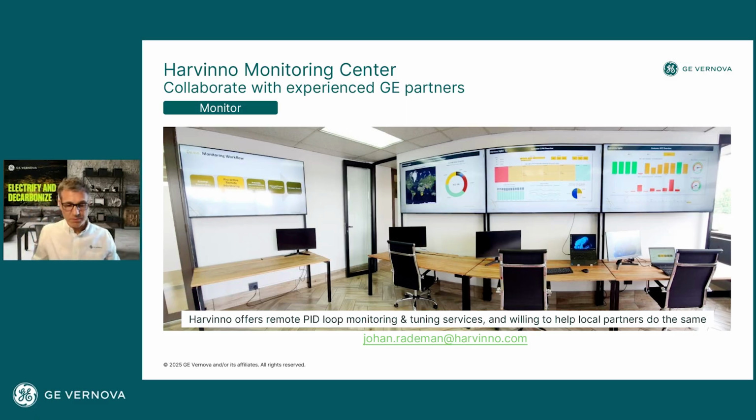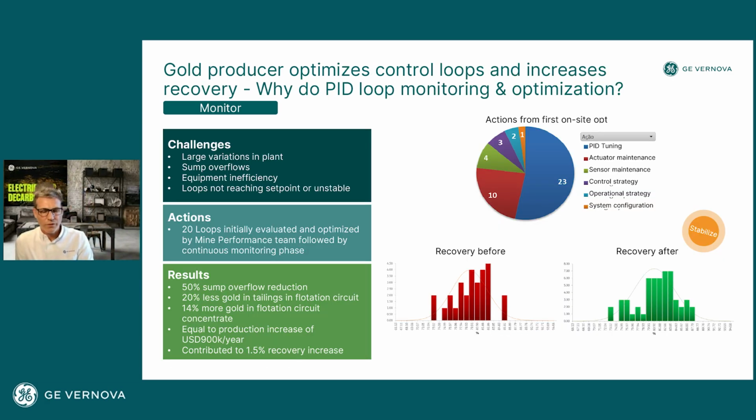So one of the examples of monitoring and optimizing PID control loops with CSense is significant. Here is an example of a gold mining customer where again, we have monitored all the control loops, identified the top 20 worst performing control loops in the plant, and tuned just those 20 control loops, and it resulted in significant improvements.